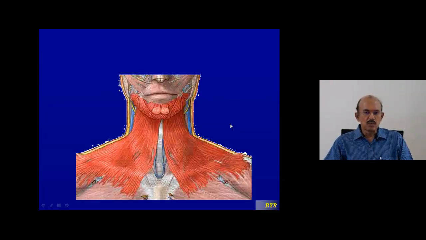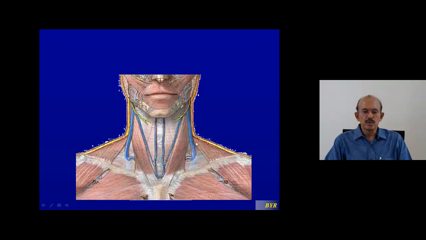This is the platysma muscle that is there in the subcutaneous tissues of the neck. Once we remove the platysma, then we will find the superficial veins.